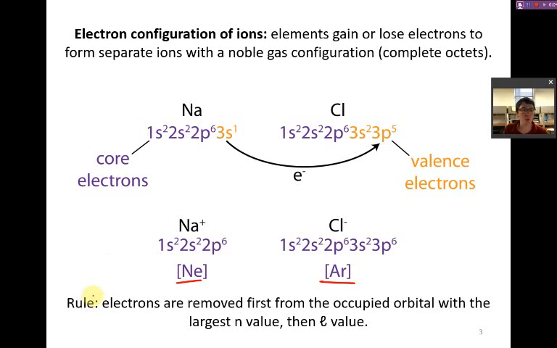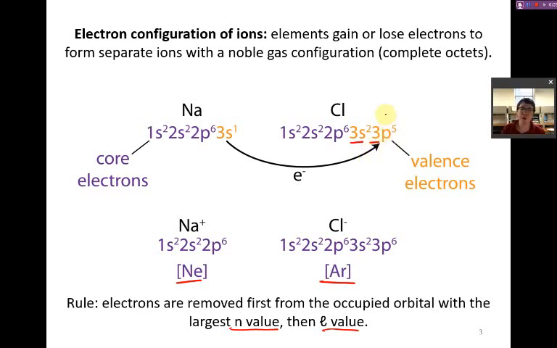And as a rule, when you're removing electrons from an occupied orbital, remove from the highest n value, and then if you have 2 subshells you're considering of the same n value, you remove from the highest l value first. So for example, if we were to remove from chlorine, we have 2 different subshells with the same principal quantum number n, a value of 3.